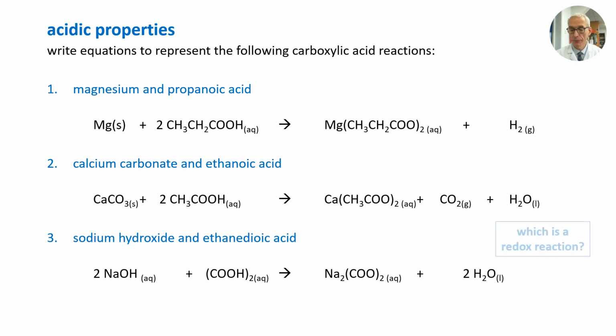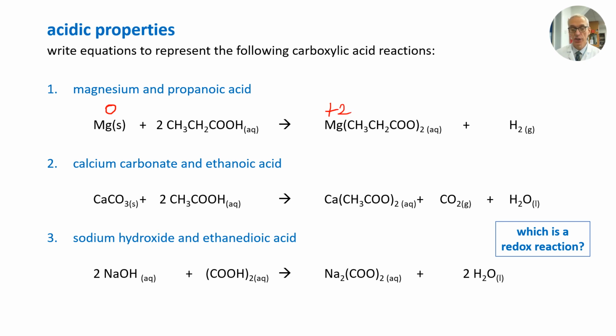Now, which of these is a redox reaction? Well, 2 and 3 are neutralizations, but if we look at the oxidation numbers for reaction 1, magnesium is 0 here, but +2 on the right hand side.